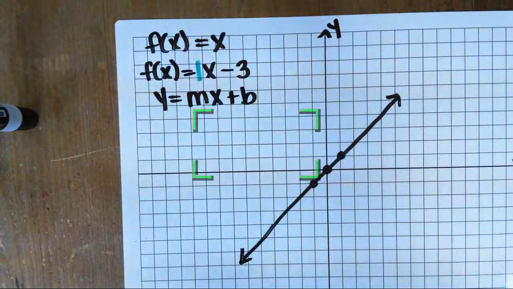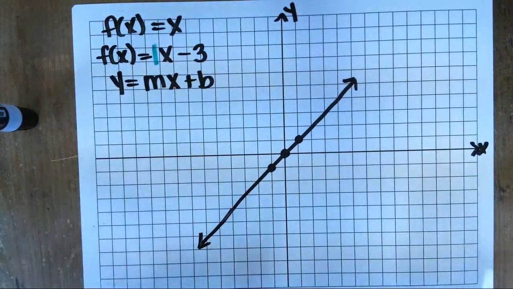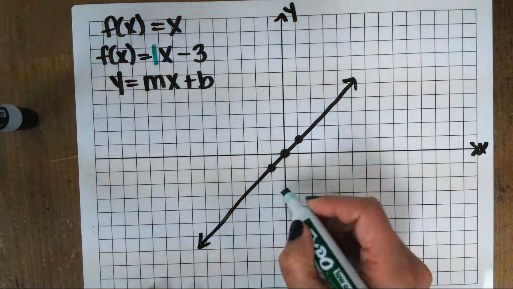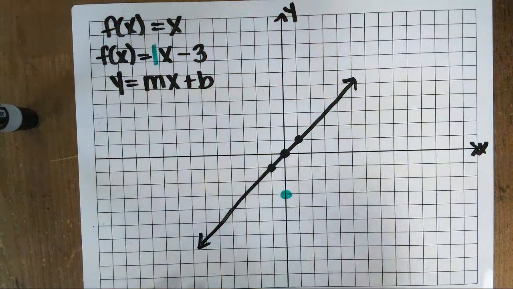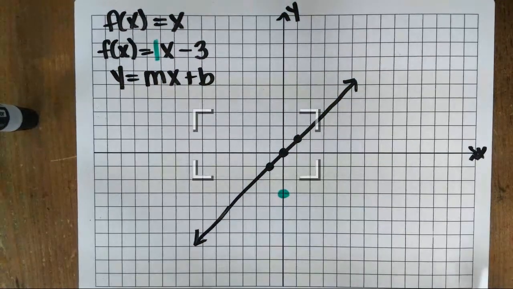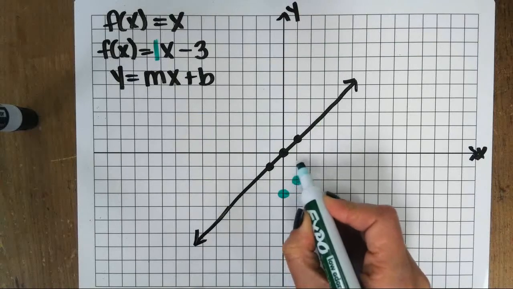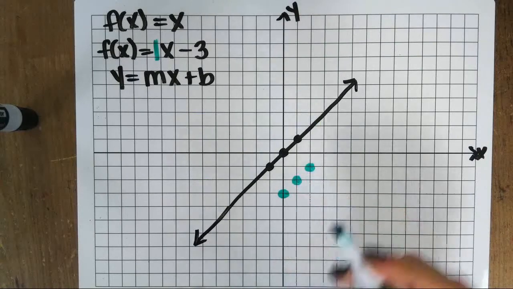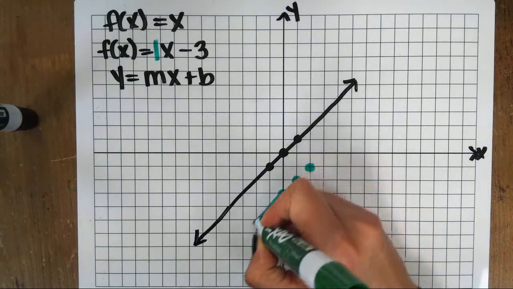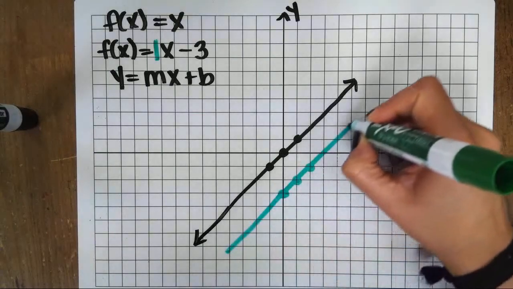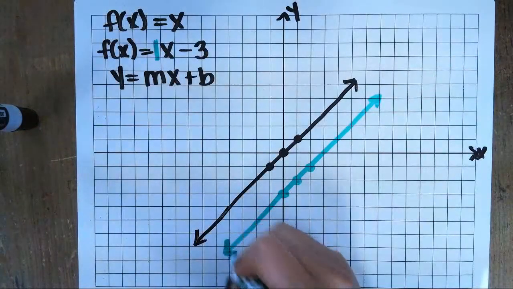So I'm going to plot my negative 3. So I'm going to come down 1, 2, 3. And then again, my slope is positive 1, so I'm going to go up 1 to the right 1. Up 1 to the right 1. And that right here is my new line.